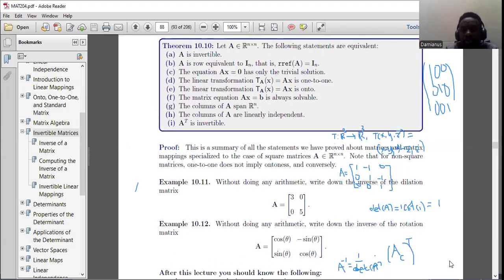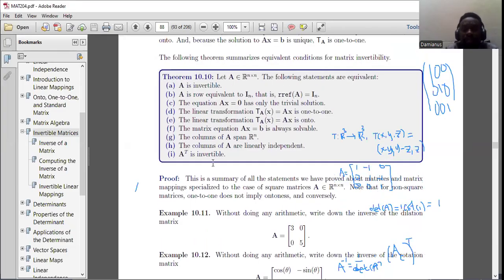Once you have A inverse, you have the inverse of our linear transformation. So suppose I give you this linear transformation and ask you to show that it is 1-to-1 and onto. All you have to do is pick the matrix of the transformation, which is A, and find its inverse.